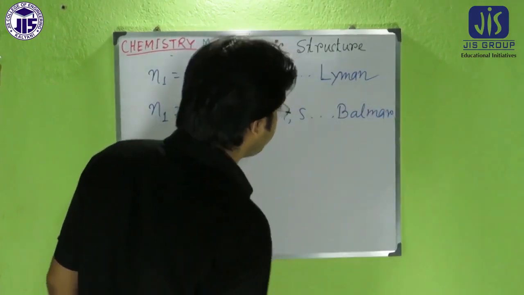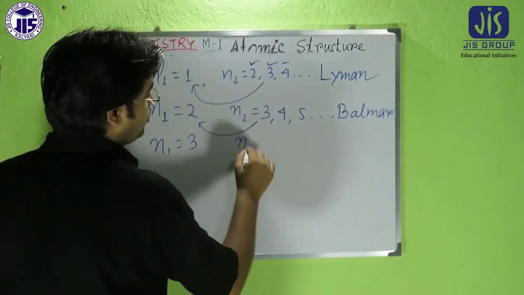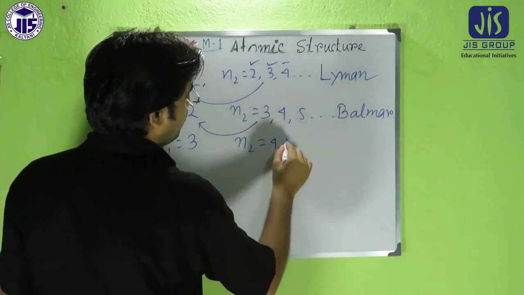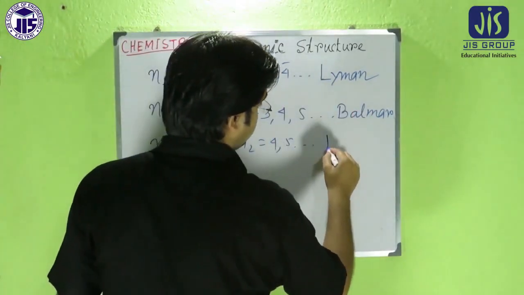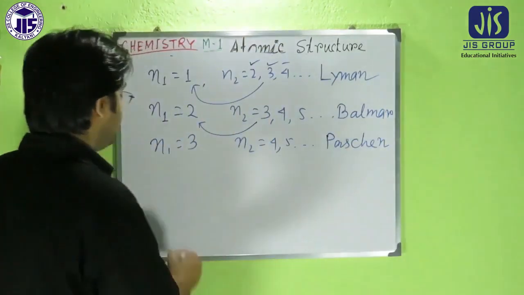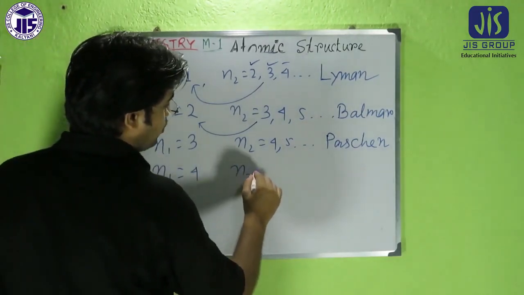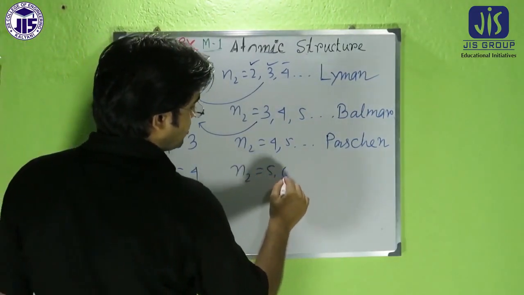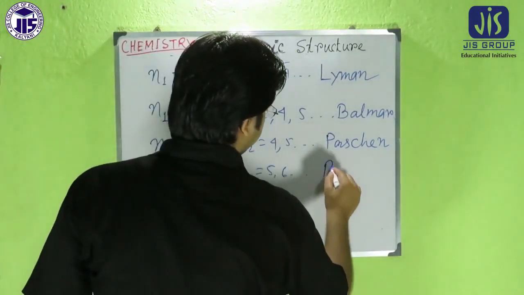Next, if n1 equals 3 and n2 equals 4, 5, etc., then it is called the Paschen series. If n1 equals 4 and n2 equals 5, 6, etc., then it is called the Brackett series.